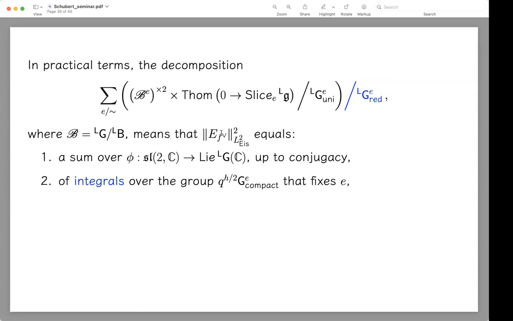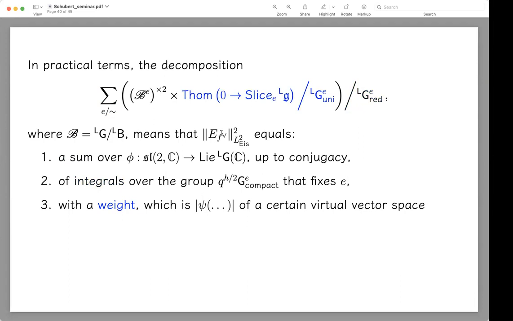You would like to decompose it into pieces, and in particular there will be some continuous pieces over which you integrate, and that integration is really integration over the maximal compact subgroup of that centralizer. So that's the origin of continuous spectrum.